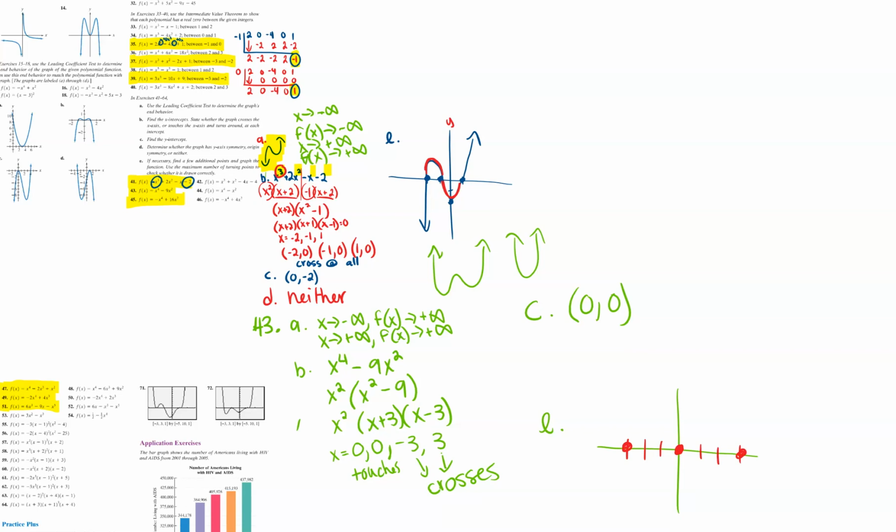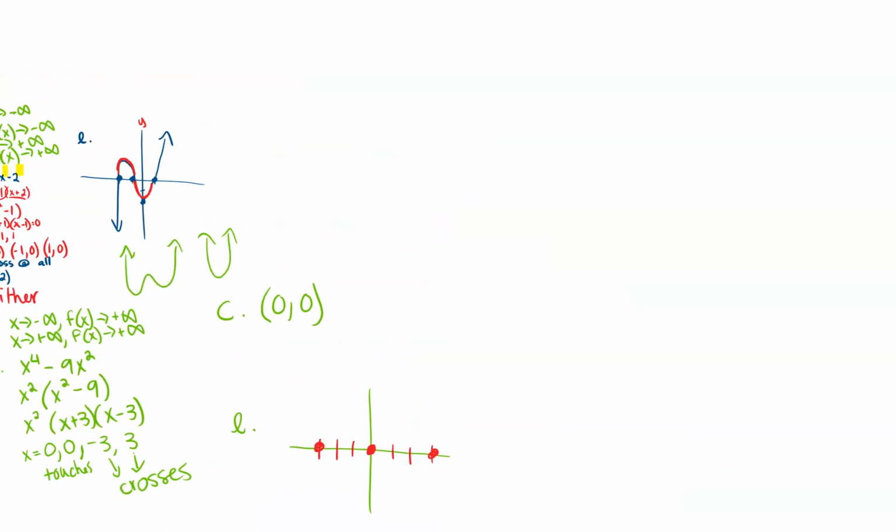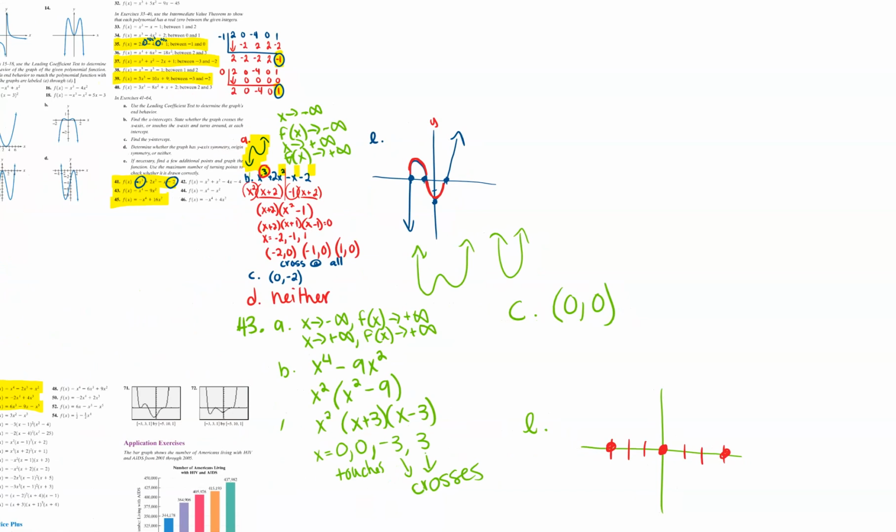Okay, and we know our end behavior is that both ends are pointing upward, so it's going to look something like this. Because at 0 we had a repeated root, so it's just going to touch and come back downward.